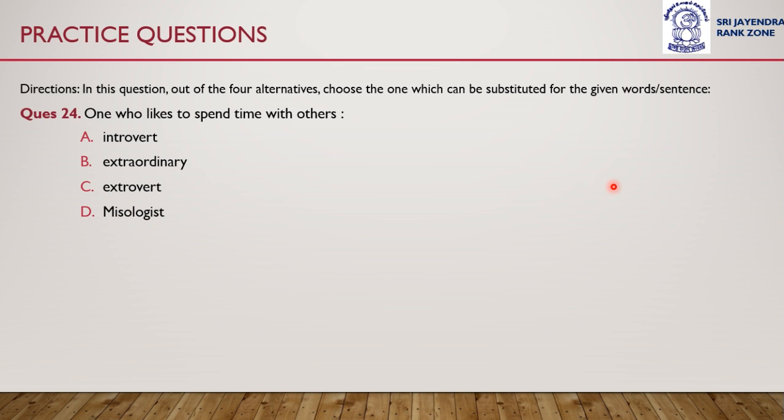A person who likes to spend time with others will not be called extraordinary, because extra defines something which is way beyond normal. So this is not a word that we will use for someone who likes to spend time with others.